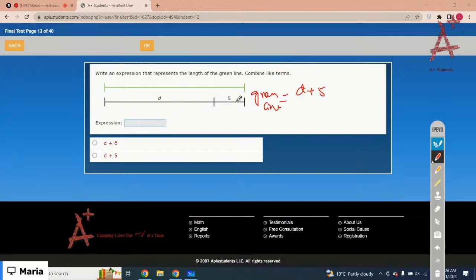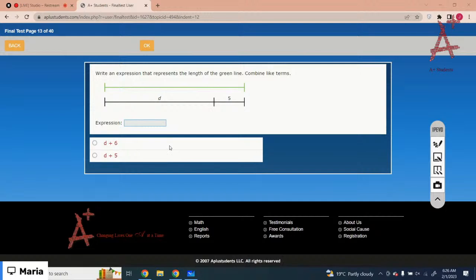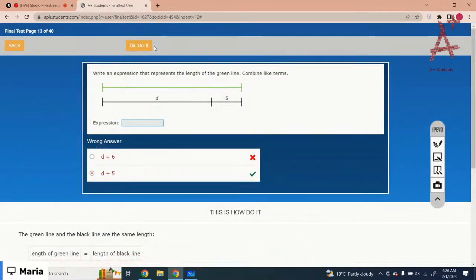Got it? So just select the correct option and click on the OK button. Yes, it is d plus 6, sorry, d plus 5, not 6.